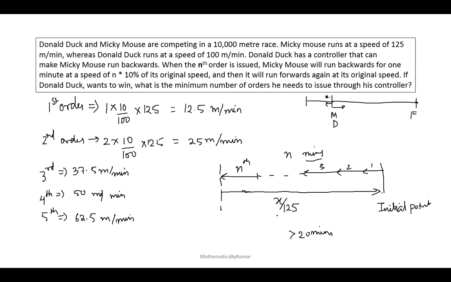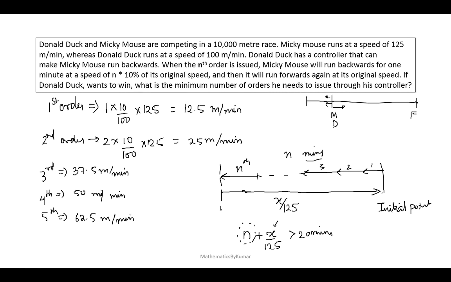What Donald needs is that n plus x over 125 should be greater than 20. Now this n is what we have to calculate.